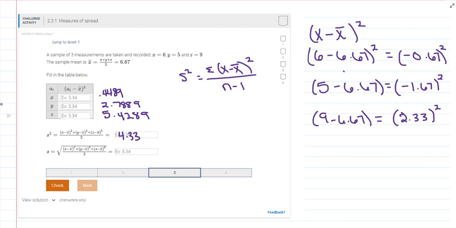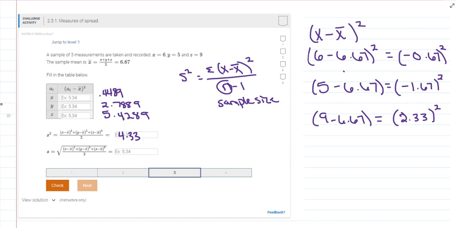So the sample has the n minus 1, and the population is going to have the big N. So that's what will change your variance and standard deviation formulas. Now this little n just means sample size. How many values did I have here? How many measurements? How many elements of each sample or population is taken? So this one had 1, 2, 3. So that's where this 2 came from. That's 3 minus 1.